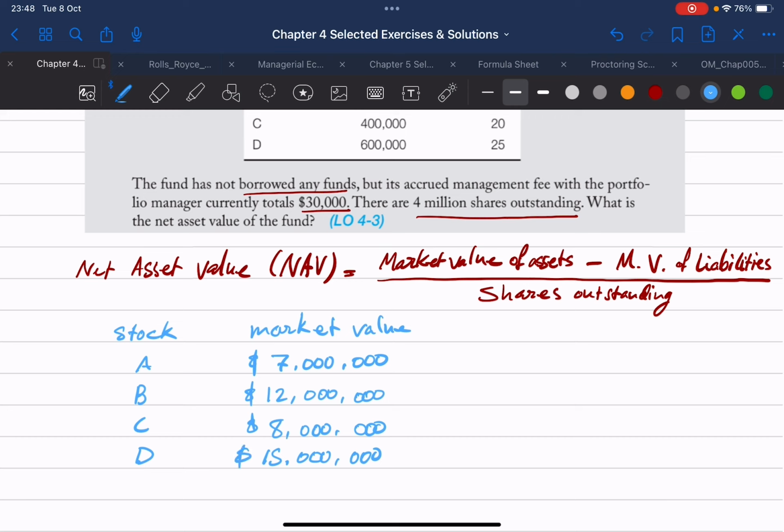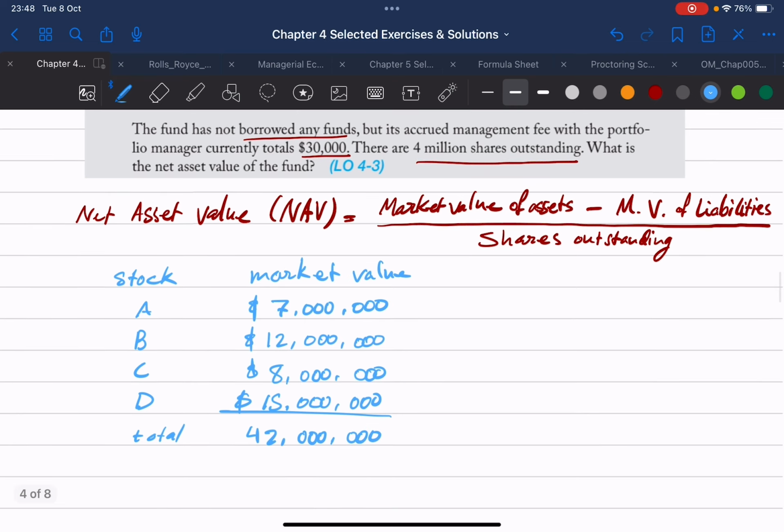Okay, now we can figure out the total. 7 plus 12 plus 8 plus 15, that's 42, and I'll just add the zeros. Okay, so that's $42 million.